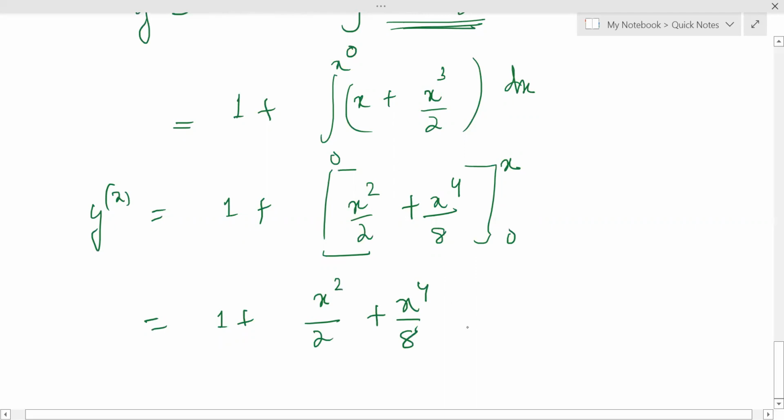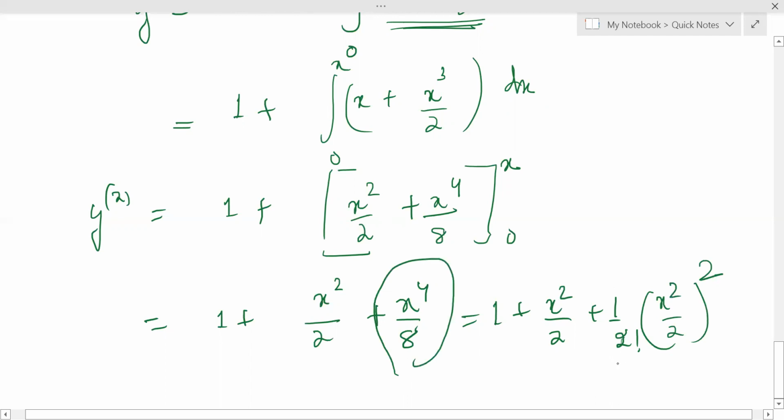So this value can be written like this: 1 plus x square by 2 factorial plus 1 by 2 factorial into x square by 2 whole square. We can write x to the 4 by 8 in this type, and x square by 2 in this type. That is the y2 value.